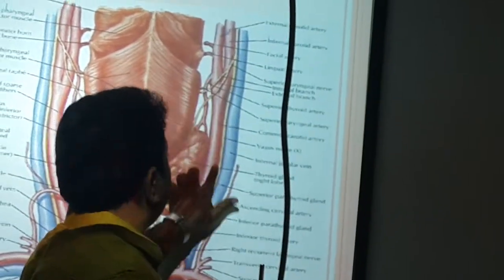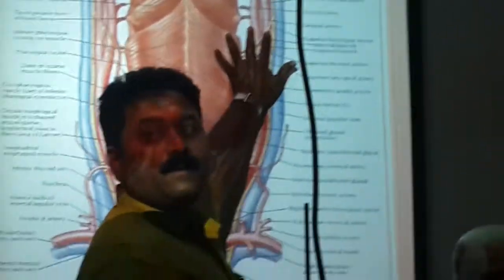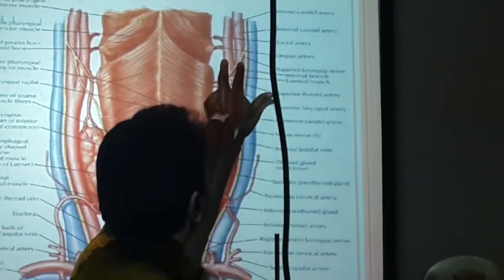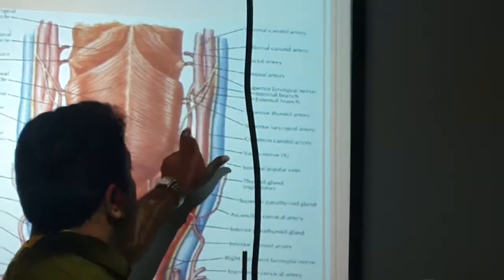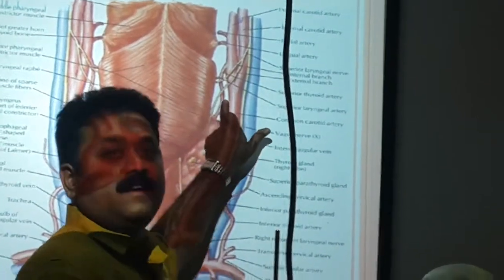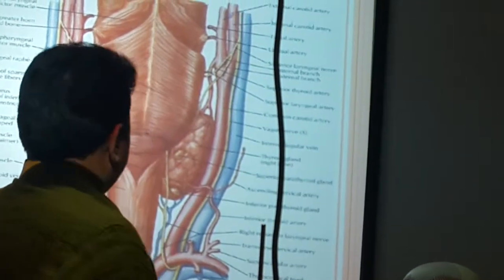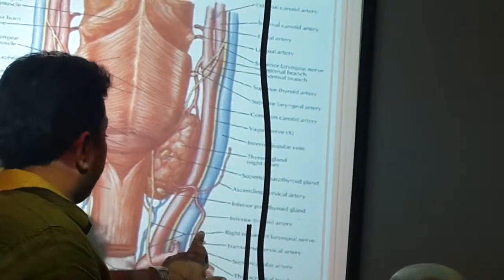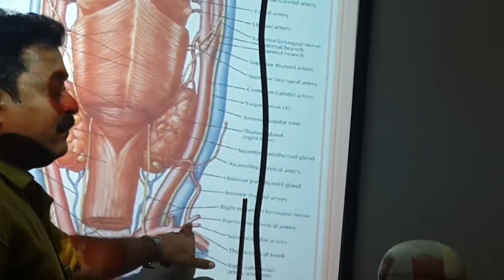Common carotid here divides into external and internal carotid artery. Here, one branch is there, that is superior thyroid artery. It is a branch of external carotid artery. And inferior thyroid artery is a branch of thyrocervical trunk.